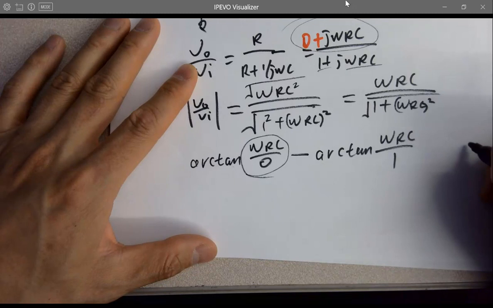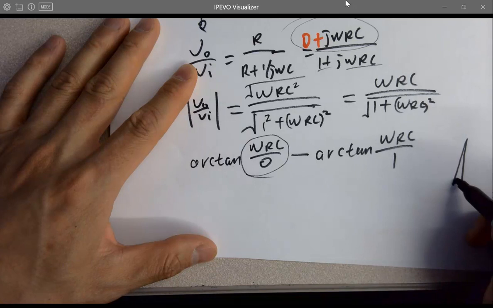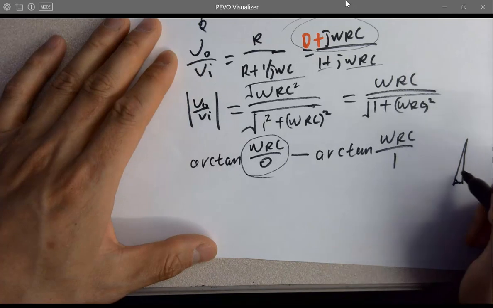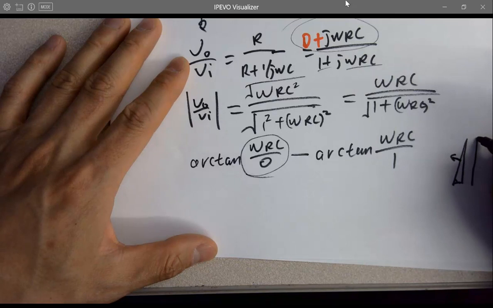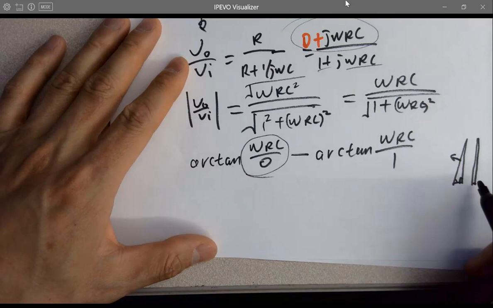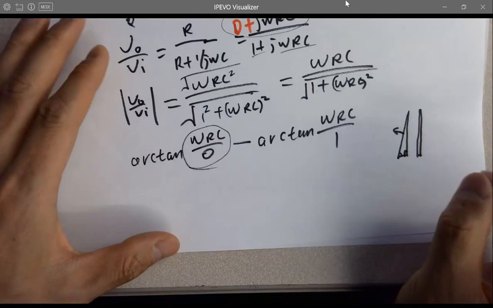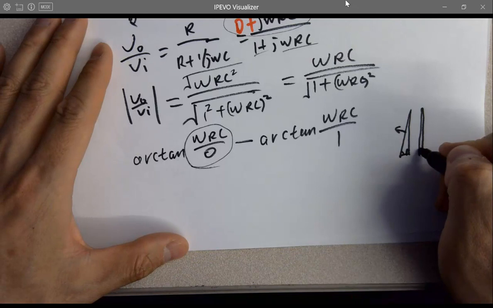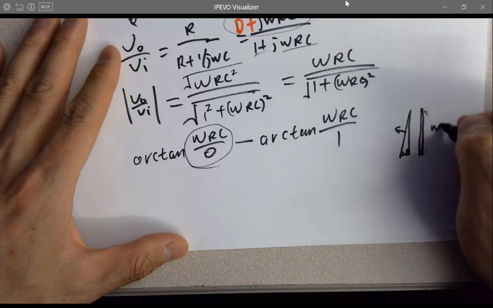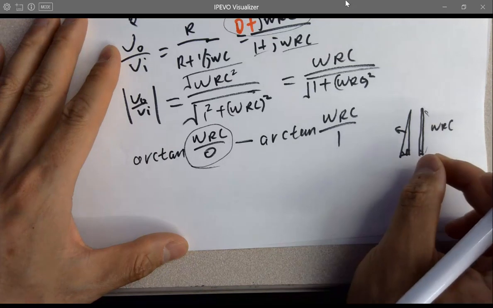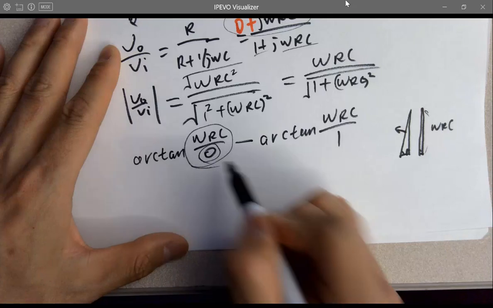If you look at the triangle, whenever it's super slim like that, if you keep moving this line up in that direction, eventually at the point they are going to overlap, getting very close to each other, right? This is 90 degrees. We are moving them closer and closer. This one becomes the imaginary part, which is omega RC, for example, and this one is getting squeezed. Eventually it becomes 0, which is the denominator here.